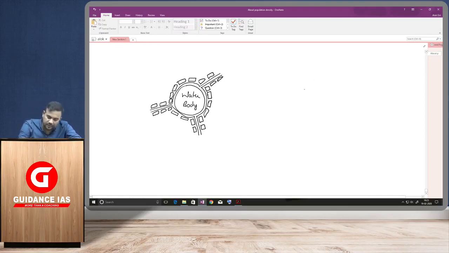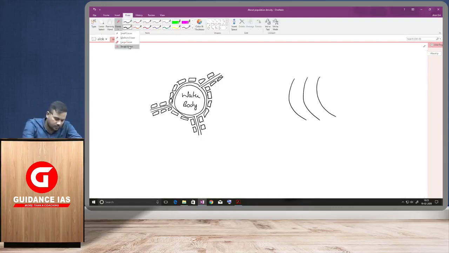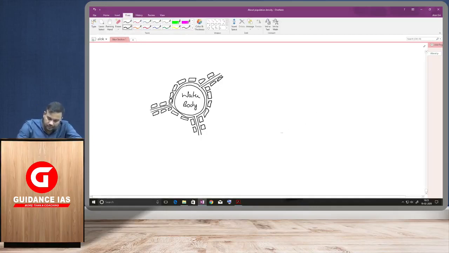Also, there can be semicircular patterns, like for example, you take this, so suppose there is a river, and this is one Oxbow lake which is present.